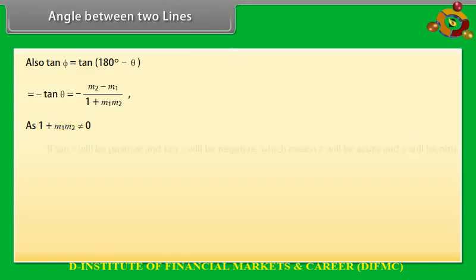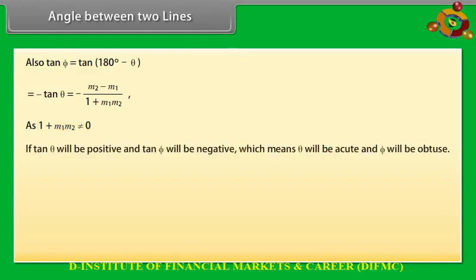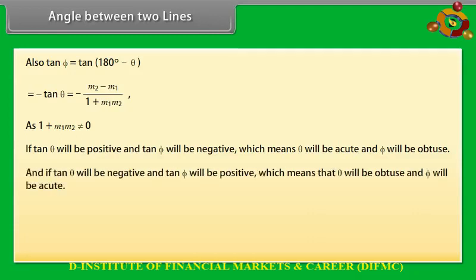If tan theta is positive and tan phi is negative, which means theta will be acute and phi will be obtuse. And if tan theta is negative and tan phi is positive, which means that theta will be obtuse and phi will be acute.